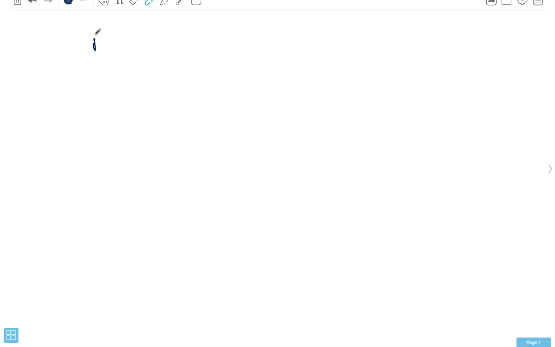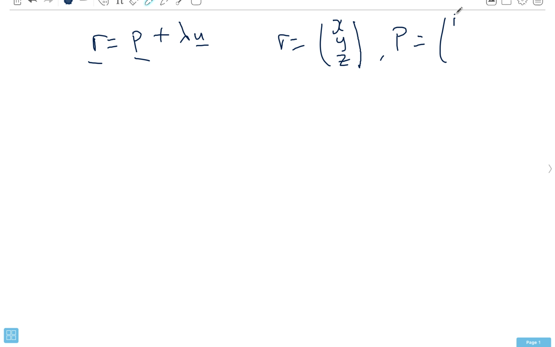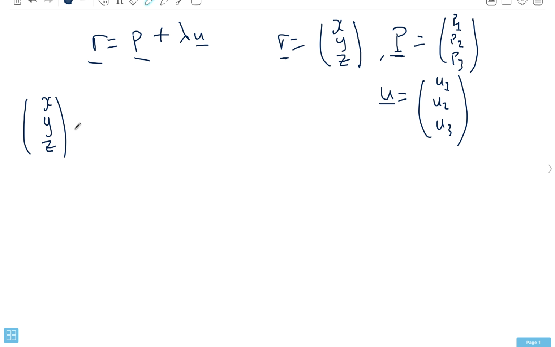So if we set R equal to (x, y, z), because remember this is a position vector, and P equal to (p1, p2, p3), and u equal to (u1, u2, u3), then we have (x, y, z) is equal to (p1, p2, p3) plus lambda (u1, u2, u3).